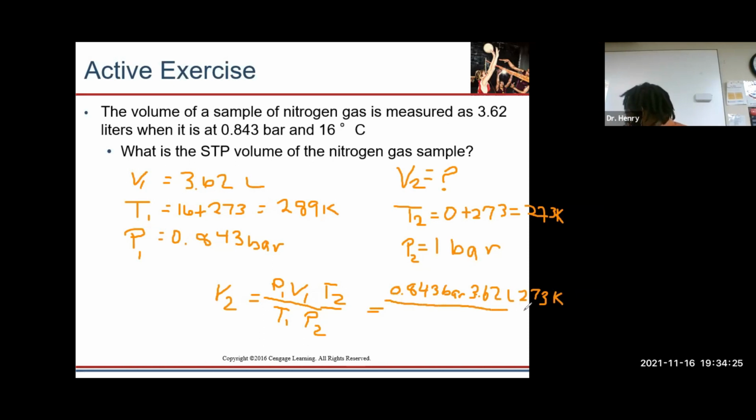Divided by our T1, which is 289 Kelvin, times P2, which is 1 bar. Okay.